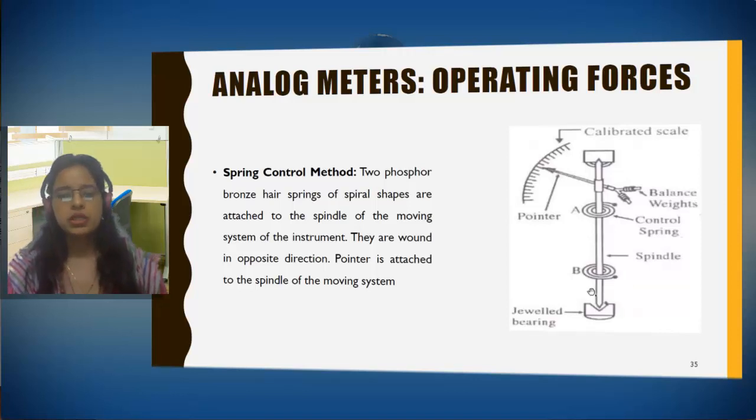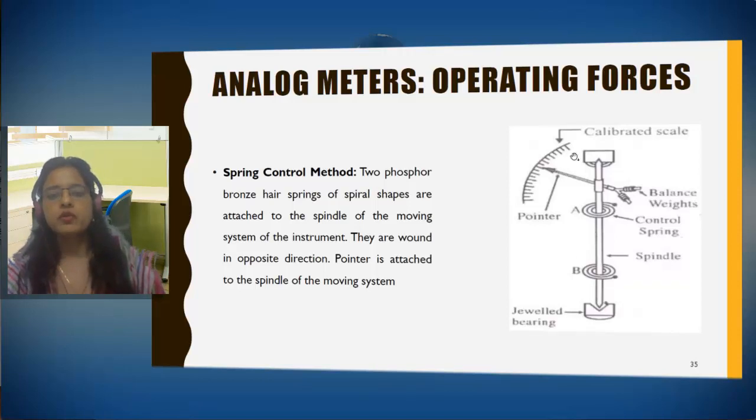This gives rise to a torsional force, and it will control the movement of the pointer. So in this way the movement of the pointer can be controlled, because it cannot move after a certain point, as the springs will get tightened up. The movement of the spindle will be stopped by the spring movement. Okay, so this control mechanism is used in the spring control method.